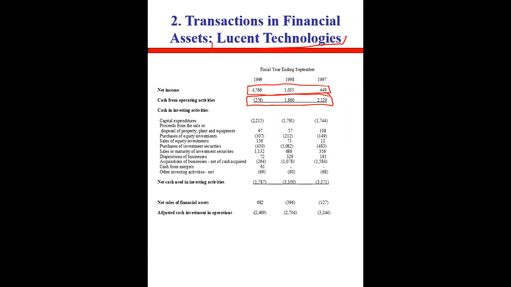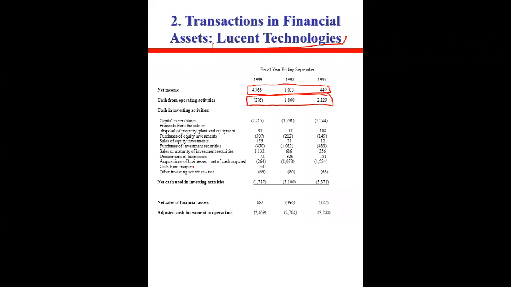But you see that this company's use of cash in investing activities declined over time from 3,371 to 3,100 million, and then almost half, 1,787 million. So you will ask, what's wrong with this company? Why is this company spending less for investment purposes, when it should be higher over time?